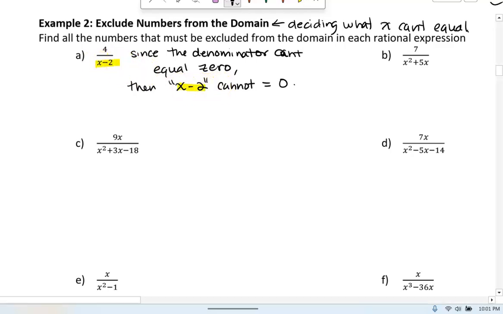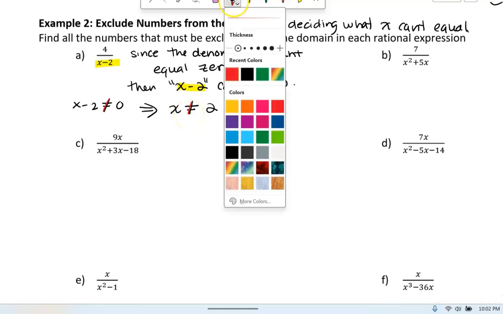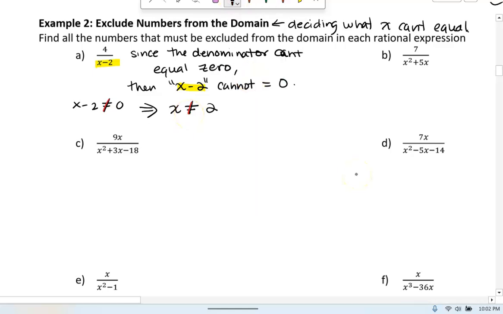Therefore, the way you would write that in an equation is x minus 2 cannot equal, which is an equal sign with a slash through it, 0. You can still solve it the normal way, but that means adding 2 to both sides, and you're going to find that x cannot equal 2. Remember, the slash in the equal sign tells me that it's not allowed to equal that. So x can be anything other than 2.